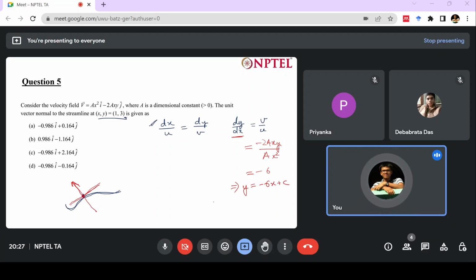If ax plus by plus c is equal to 0 is your straight line, the direction normal to a straight line is basically a i cap plus b j cap divided by root over a square plus b square.